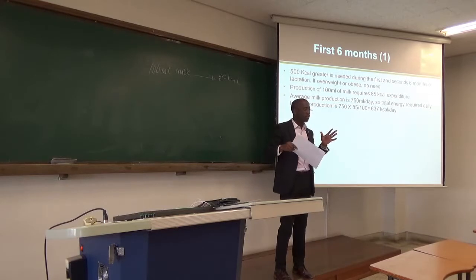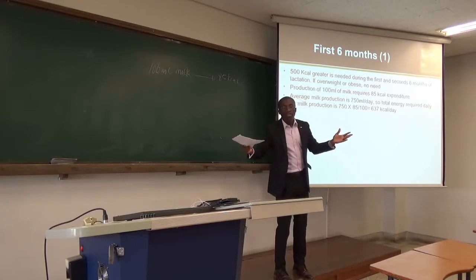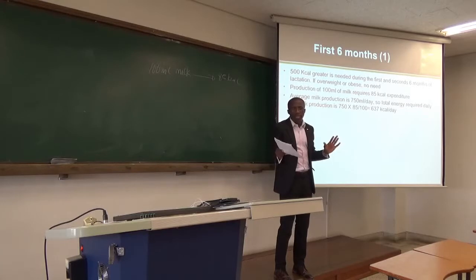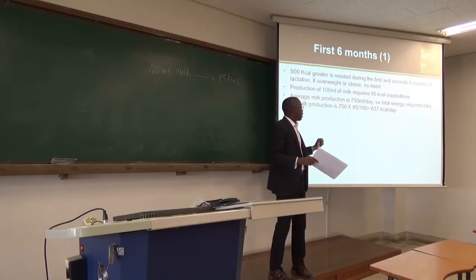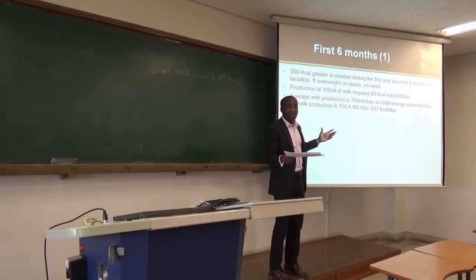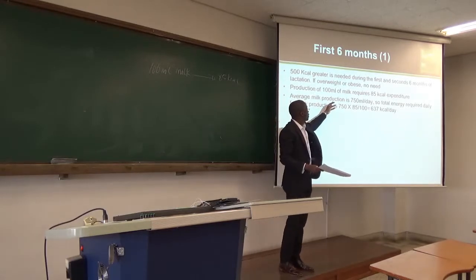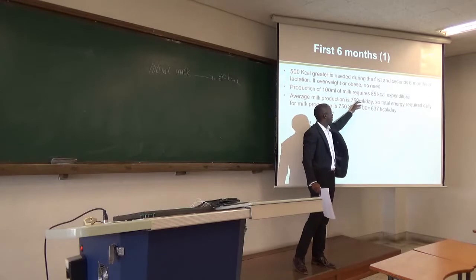Average, 2,000, right? It depends, but we all agree that it's around 2,000. Let's just all agree on that. It's the same way we agree that an average milk production every day is around 750 milliliters per day.